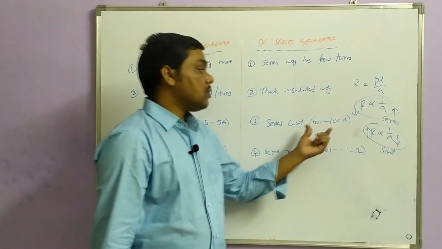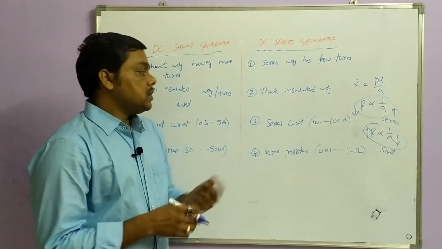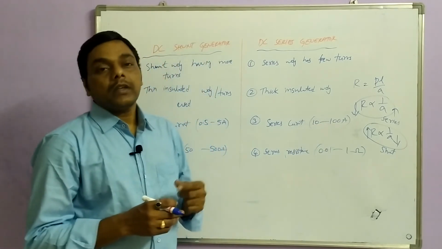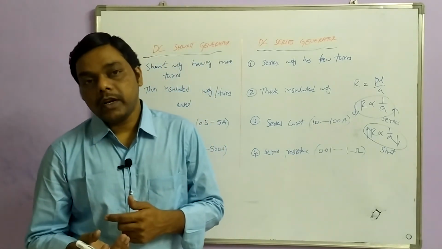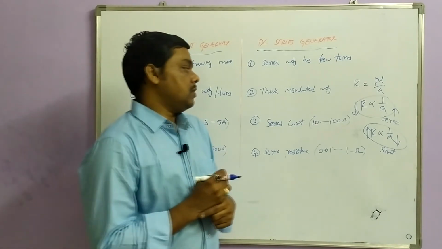It is almost equal to the load current. So the series generator current is very high. It is in the hundreds, 90s, 80s, since it is equal to the load current.